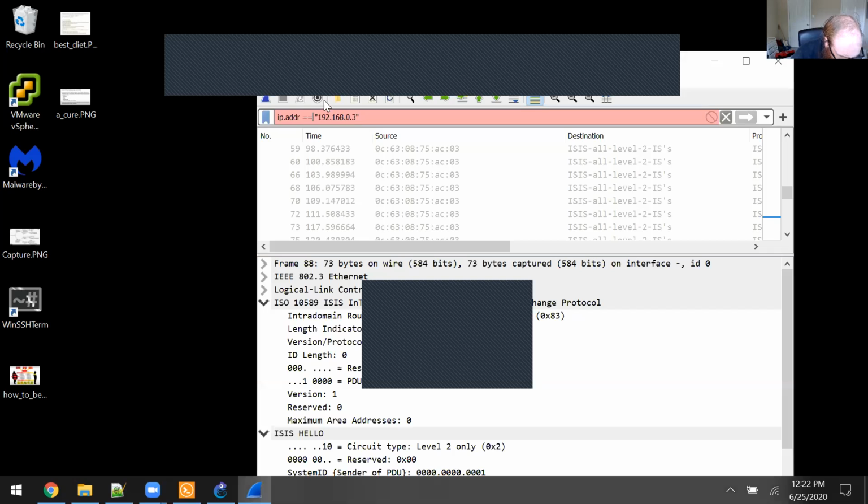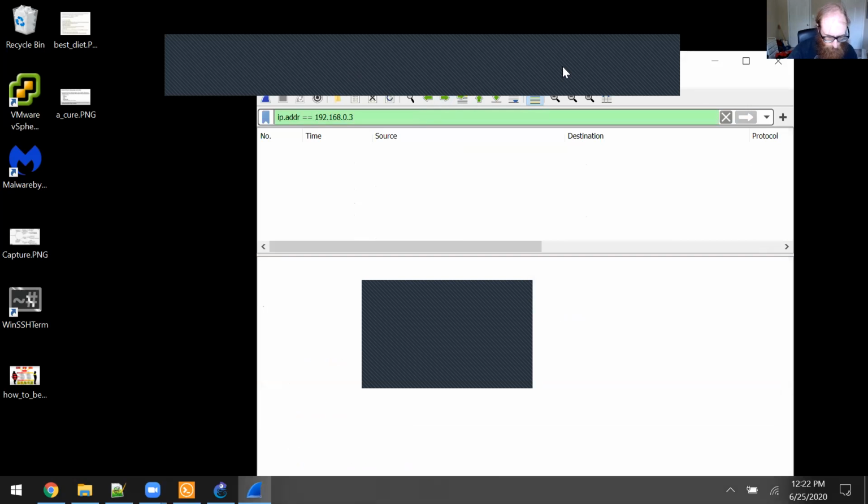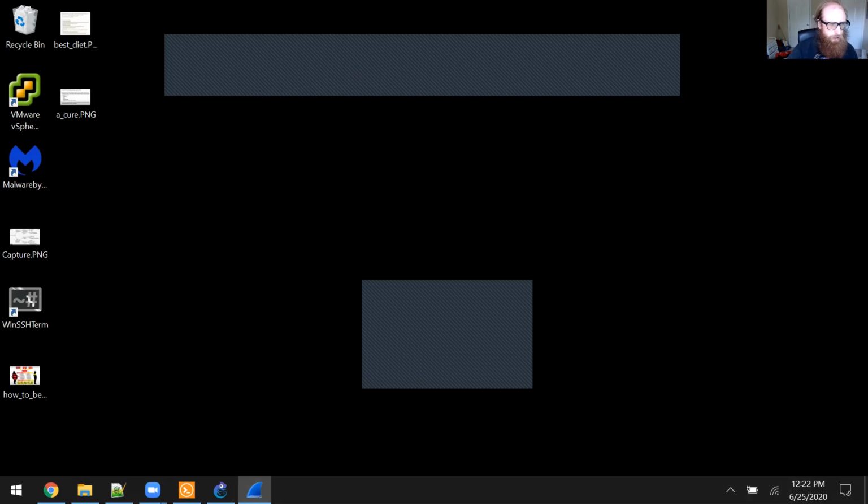ip.addr equals. Yeah, why isn't that working? Maybe because it's in quotes? Yeah, because it's in quotes. Okay, but we didn't get any matches anyway. I don't know why my screen is so hard to read.